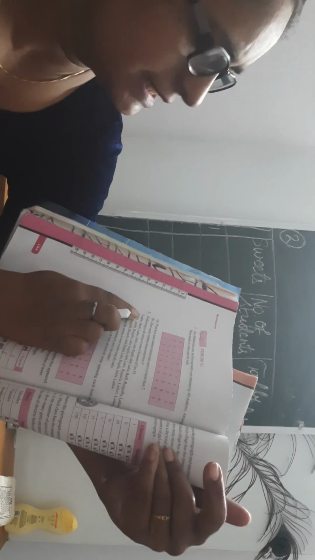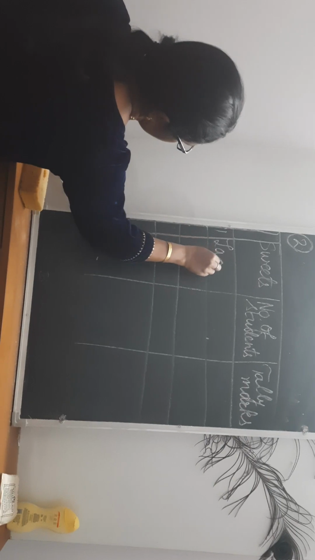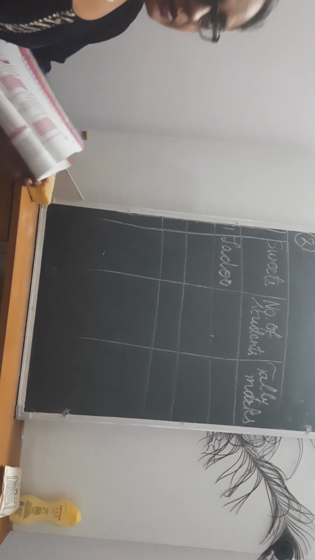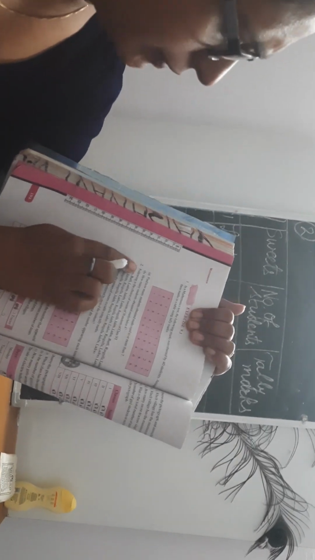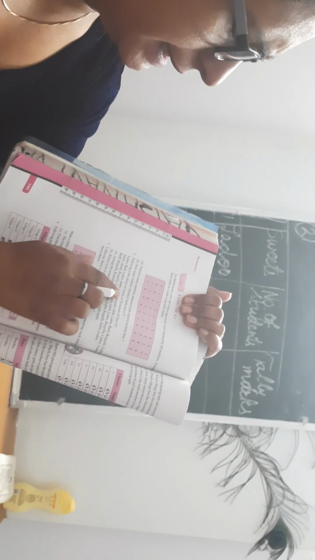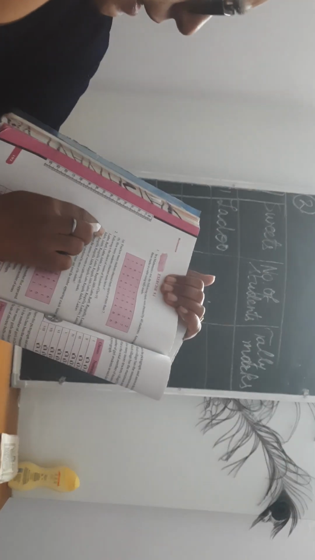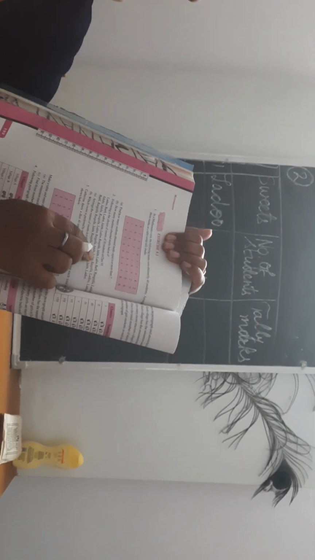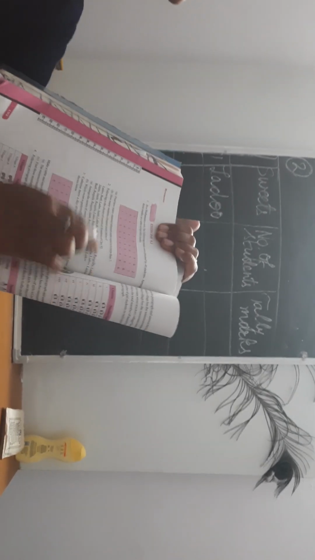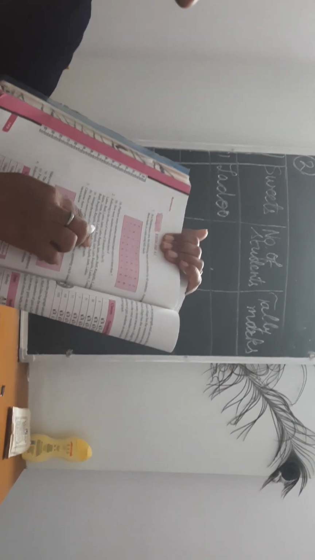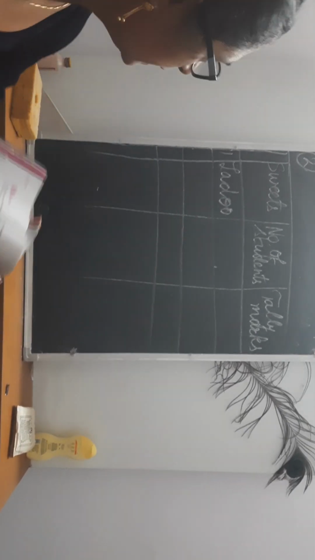Now students, first of all we will talk of laddu. The first sweet is laddu. How many times is laddu repeated? Laddu 1, 2, 3, 4, 5, 6, 7, 8, 9, 10 and 11. 11 times.